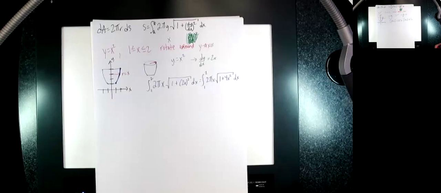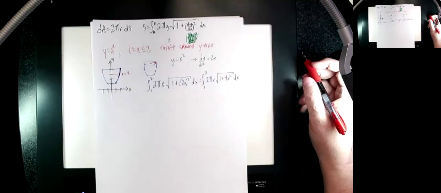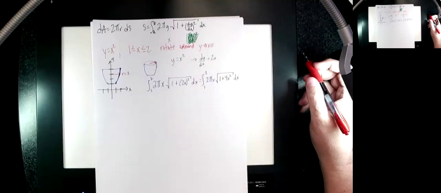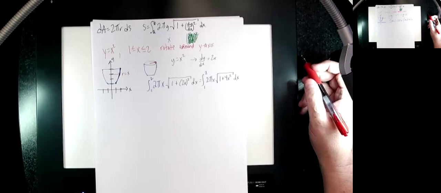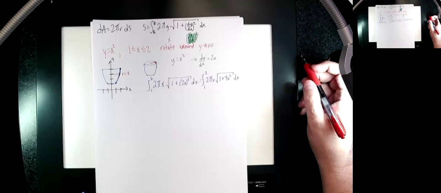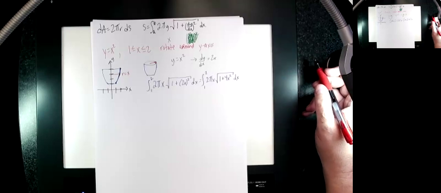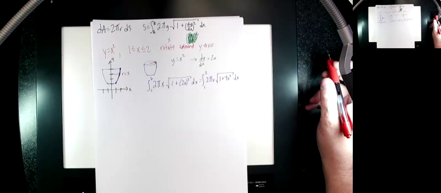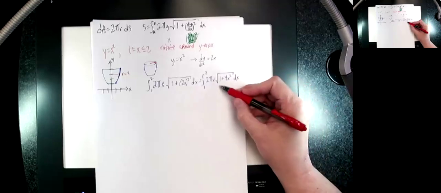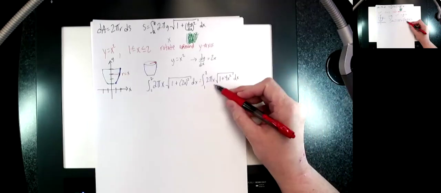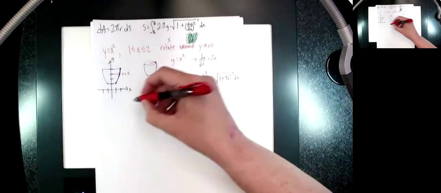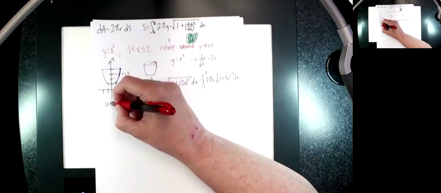Any ideas? Anybody? Let's do a u sub. When we have something outside of a function and something inside the function, it's always a good thing to try doing a u sub on the inside.